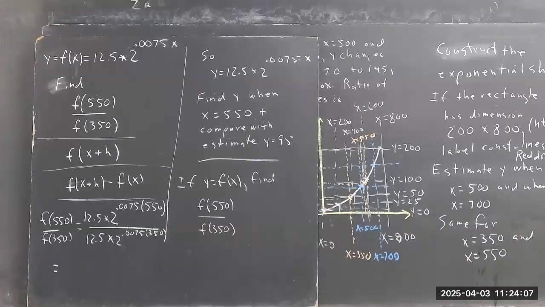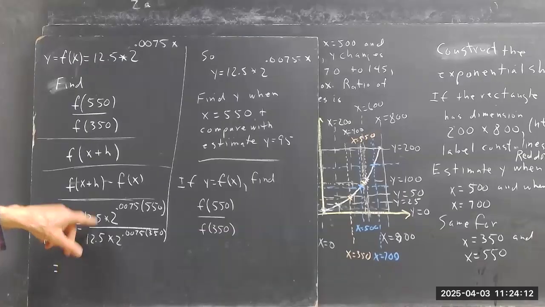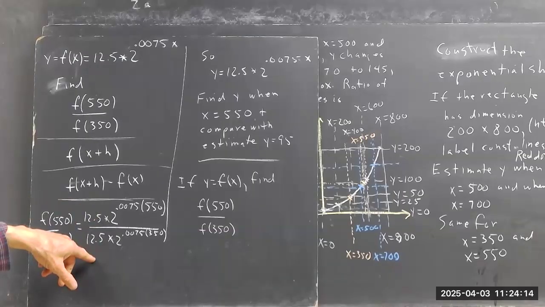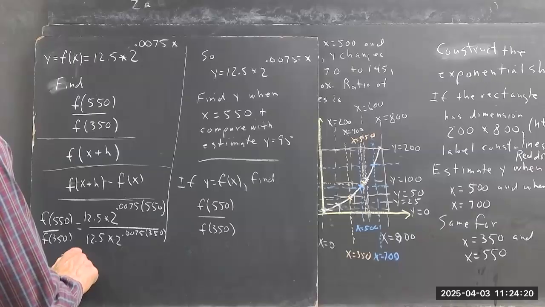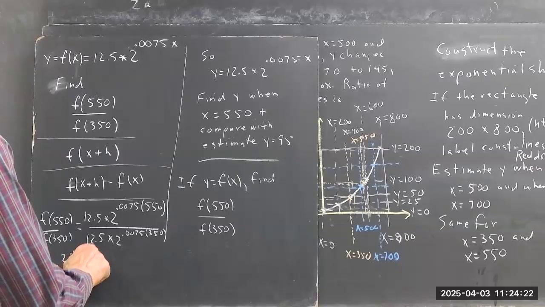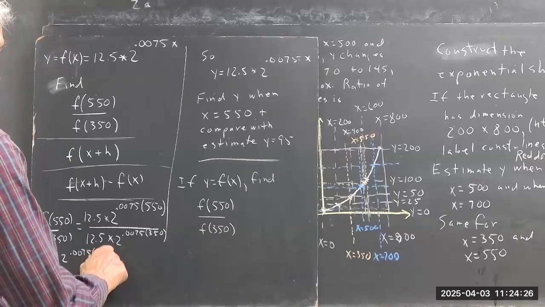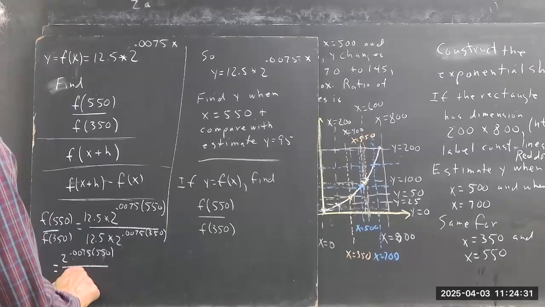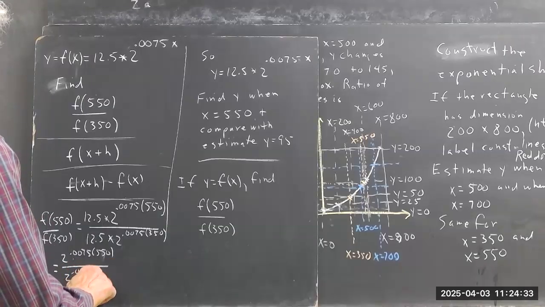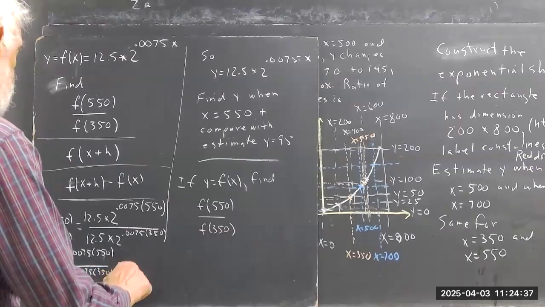Well, now 12.5 is a common factor. So you divide 12.5 by 12.5, right? So that equals 2 to the 0.0075 times 550 divided by 2 to the 0.0075 times 350.